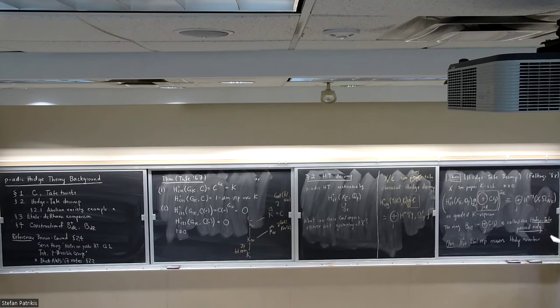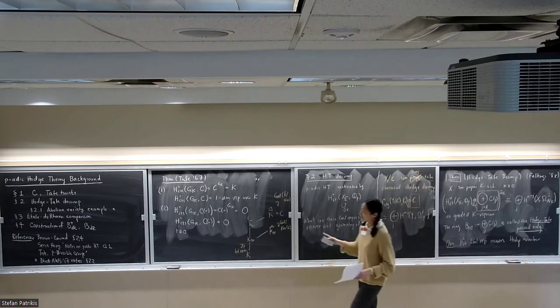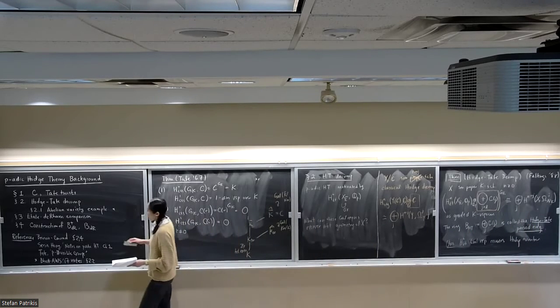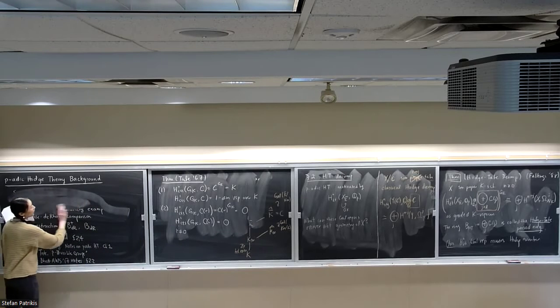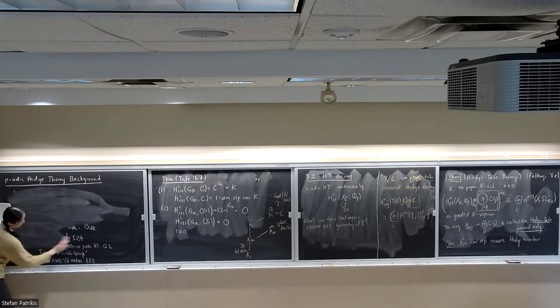Okay. Yes. Right, so this is the Hodge-Tate decomposition, and I wanted to give some example of how to understand this in the case of abelian varieties.